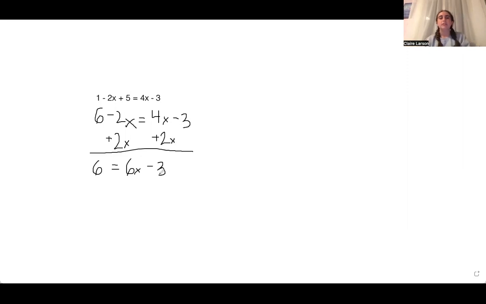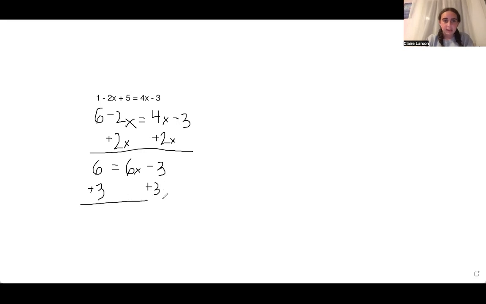And now what we want to do is bring this one over to the other side. So in order to do that, to cancel it out, we have to add 3. And always remember, I'm trying to get this drilled in your brain, to do the same thing on both sides. So then we have to add 3 to this side too.